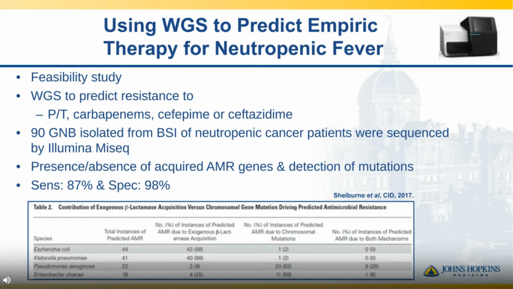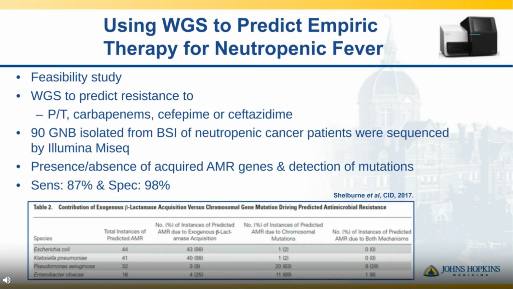They sequenced the isolates on the MiSeq, and they did manual curation to determine the presence or absence of acquired antimicrobial resistance genes, as well as detection of mutations that can lead to resistance to these beta-lactams. Overall, they found a sensitivity of 87% and specificity of 98%. And so this study really demonstrated the feasibility of using whole genome sequencing to guide antibiotic treatment decisions for patients with life-threatening infections for an array of medically important gram-negative pathogens.